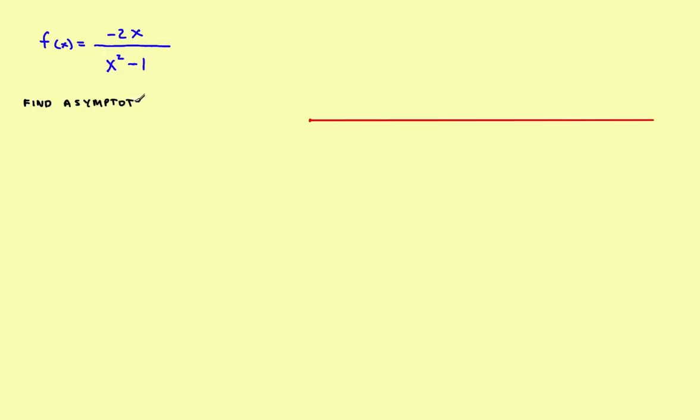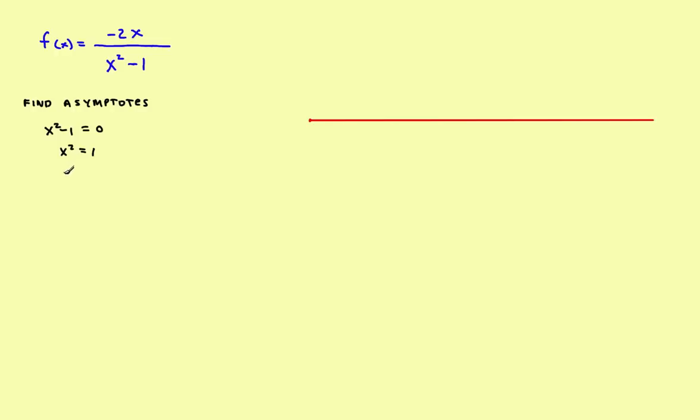So find the asymptotes. Now the asymptotes occur wherever the original function is undefined, and that's going to occur where the denominator is equal to 0. So take the denominator and set it equal to 0. So x squared minus 1 is equal to 0. And that gets you to x squared is equal to 1.